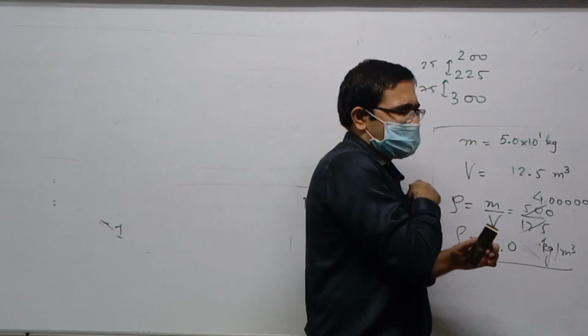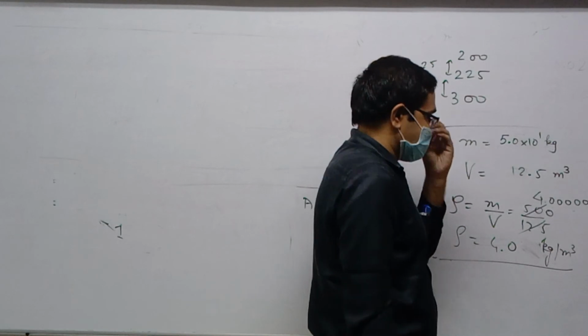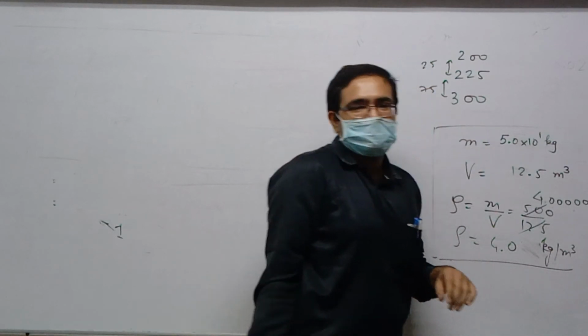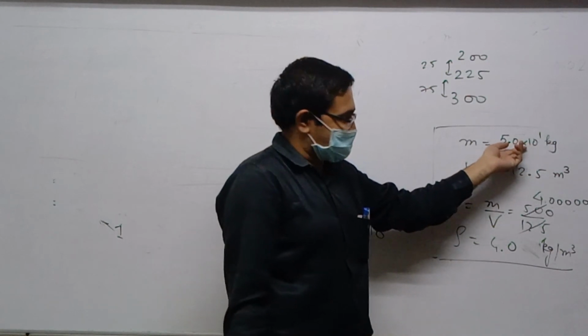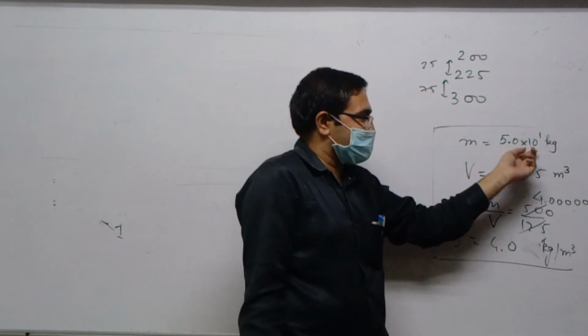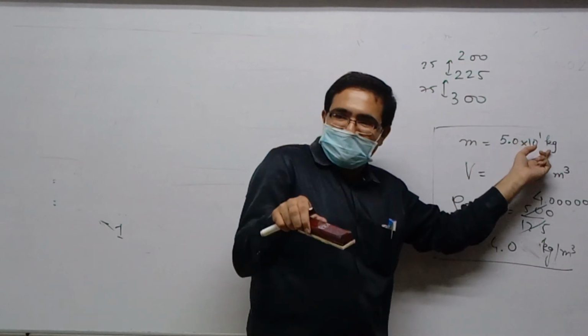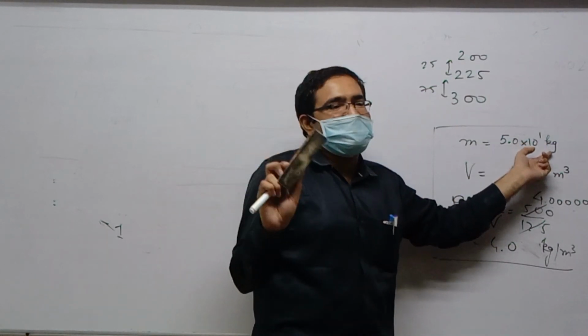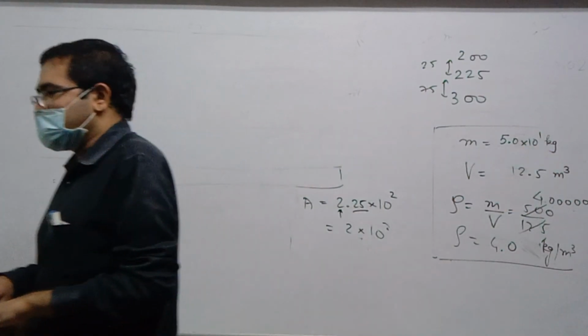I'm sorry, probably I should have mentioned it, but I forgot. This 10 raised to 1, the power of 10, is never to be considered. If you want, you can write that down at the moment.